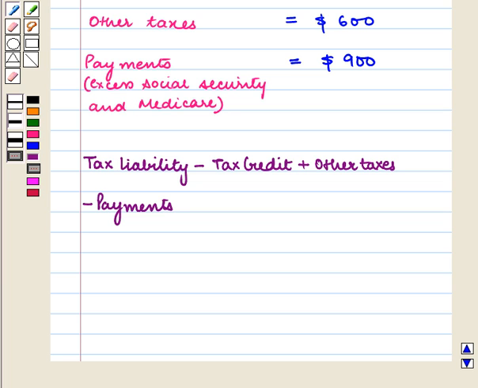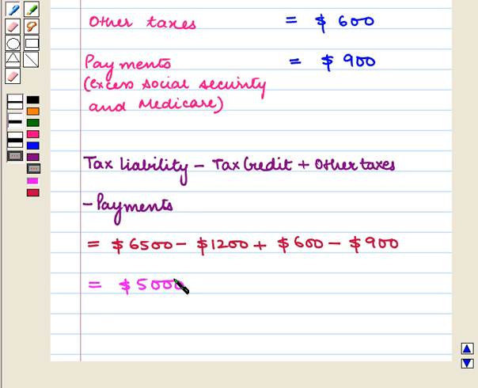So we calculate the value of tax liability minus tax credit plus other taxes minus payments is equal to $6,500 minus $1,200 plus $600 minus $900, which is equal to $5,000, which is a positive value.